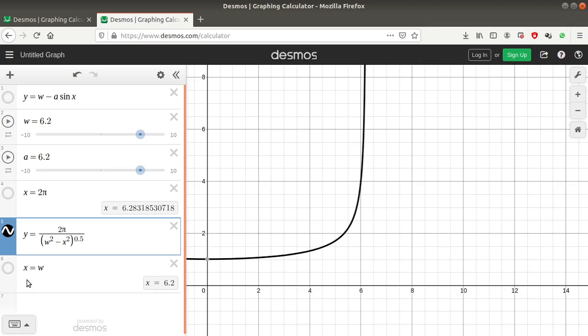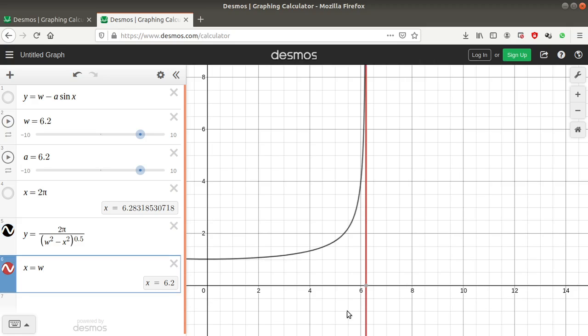It goes to infinity when my a approaches omega. When my a approaches omega, the time period goes to infinity, which means there won't be any oscillation. That's what the time period going to infinity means.